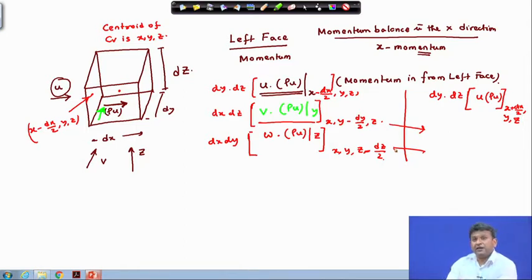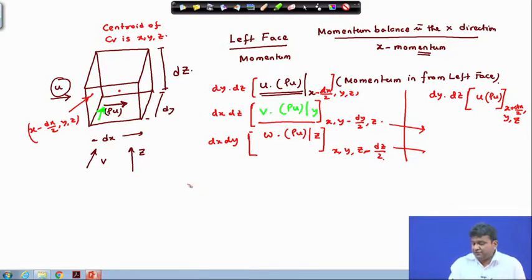When you are talking about the x component conservation equation, all the three velocity components are active, but you are focusing only on the x component of the momentum. So, the momentum we are looking into is the rho u for this particular control volume evaluated at x, y and z, and that momentum is pushed in by the x component velocity, by the y component velocity and the z component velocity. That is the most important thing, right.